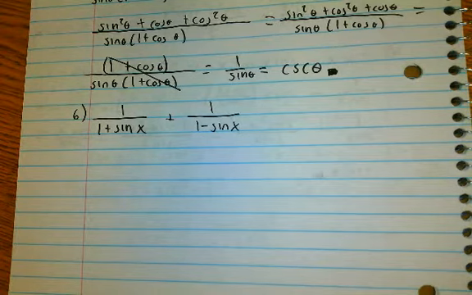Wait, is it 2 minus sine squared x? No, it's 2 over sine squared x. Yeah, because you're doing the 1 on top. The negative 1 would be positive. No, it's positive. Oh, okay.